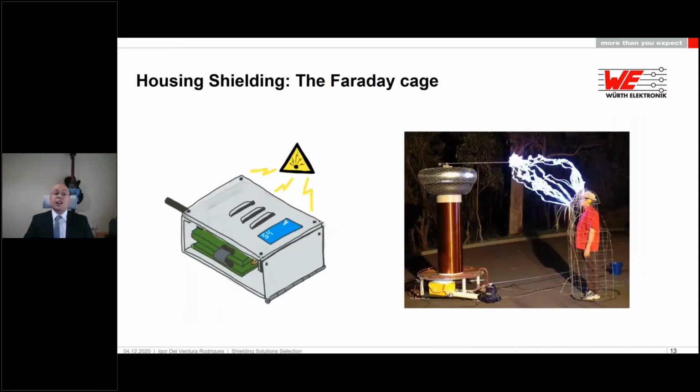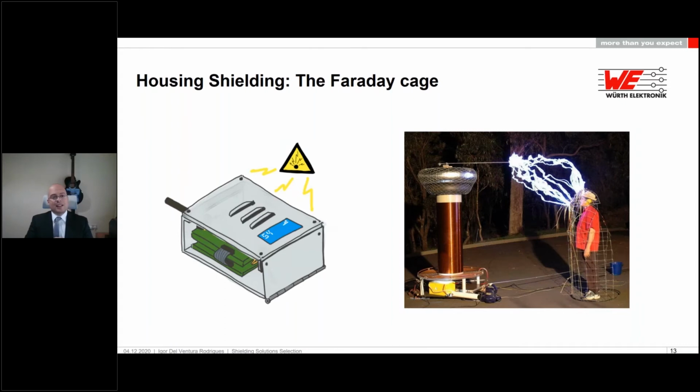Your housing, if it's metallic, can act as a Faraday cage, as you can see in this curious picture here. So it can grab all the electromagnetic interference and shield you from that. But you cannot have a case that is fully enclosed. That's impossible to achieve for various reasons.